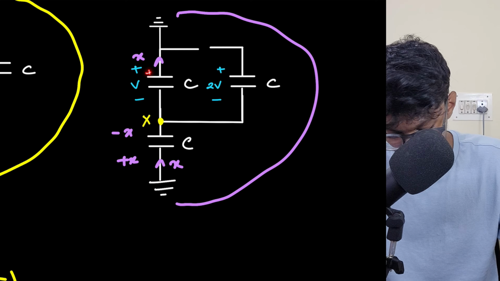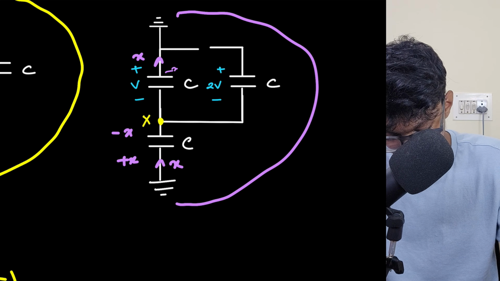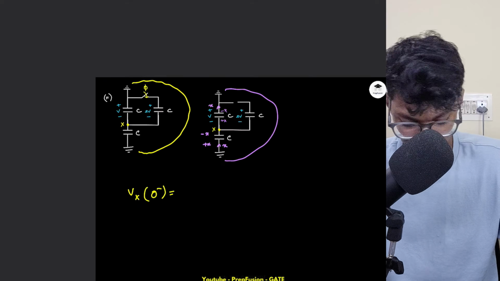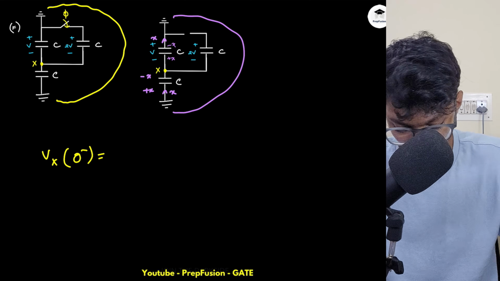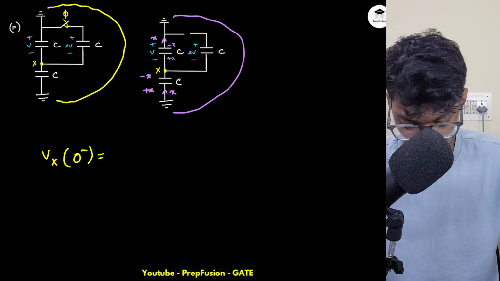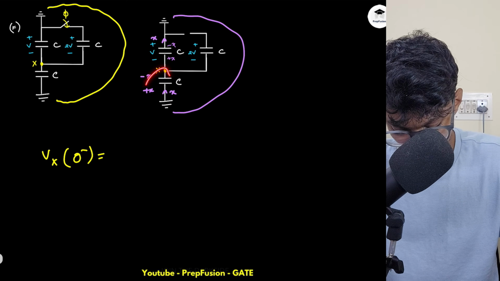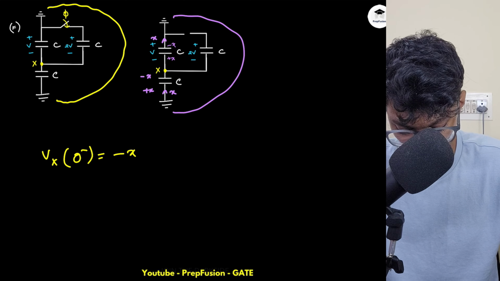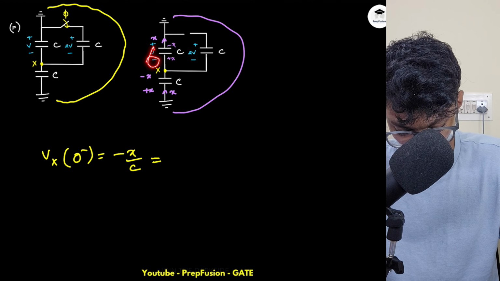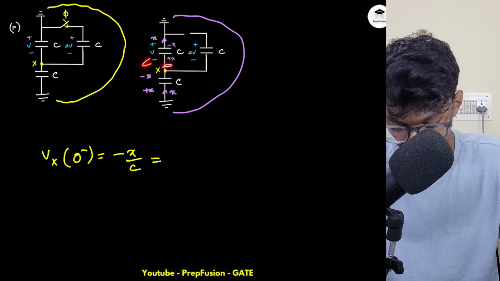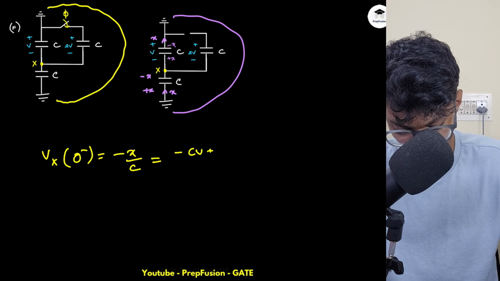Here again X is outgoing, so this will be minus X and this will be plus X. Basically here I can write it like this. For this particular capacitor, this will be minus X by C equals to, here, I have minus CV. Already the initial charge was minus CV and I have to add plus X. So minus CV plus X by C.